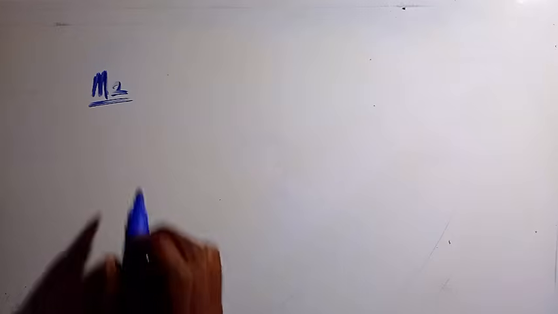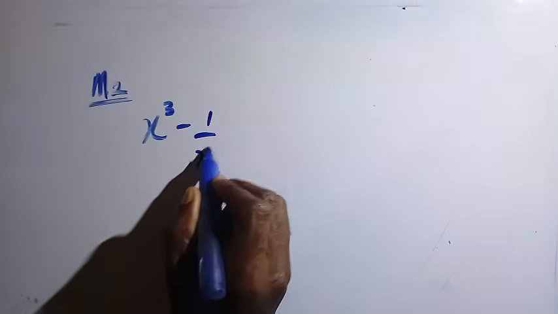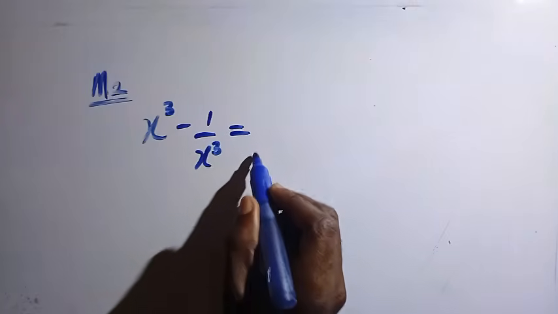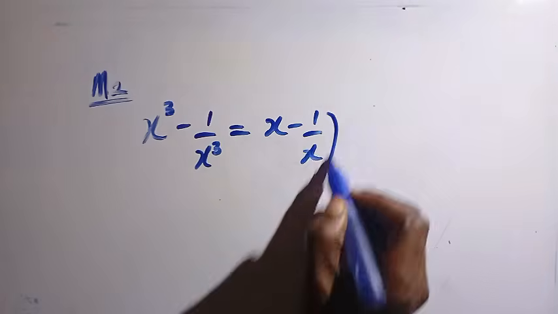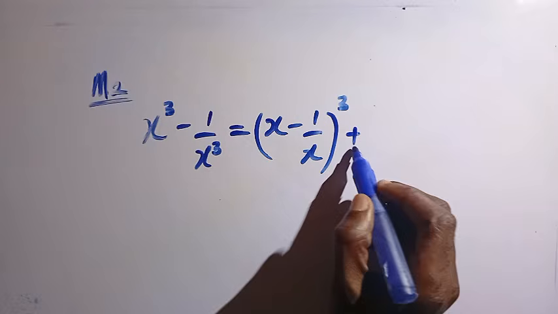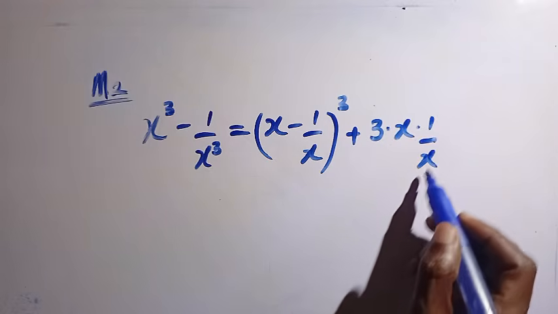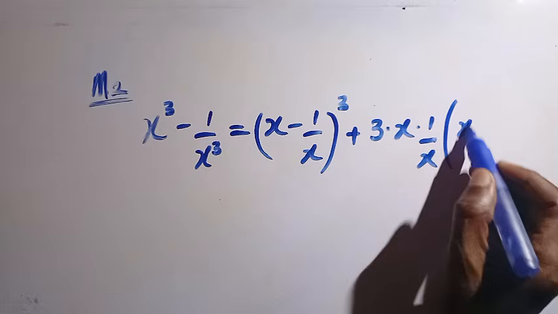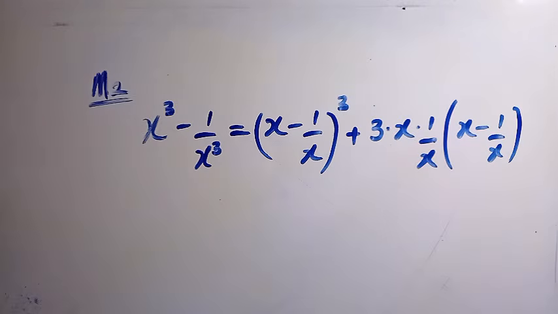Note that anytime we have x cubed minus 1 over x cubed, this is giving us x minus 1 over x raised to the power of 3, then plus 3 multiplied by x multiplied by 1 over x into bracket of x minus 1 over x. So just simple as this.